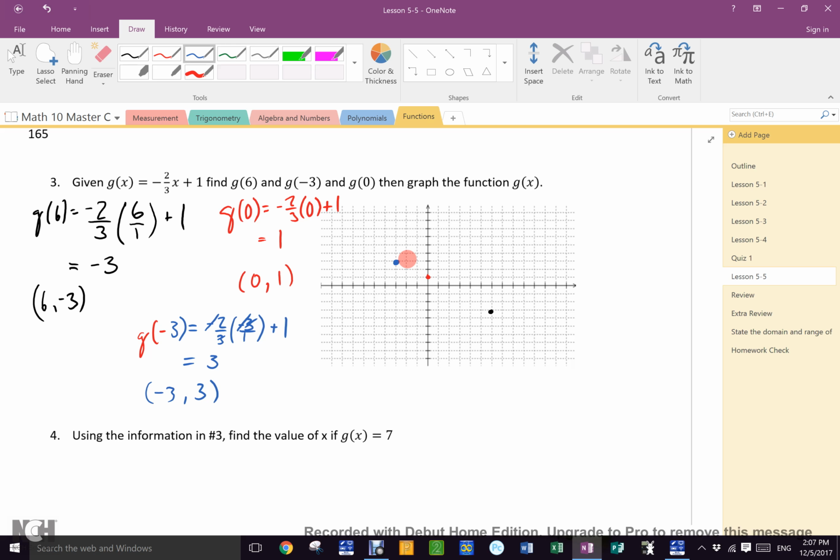Talk to your neighbor. I'm giving you 5 seconds. Tell me if I connect the line or not. 5, 4, 3, 2, 1, go. All I'm looking for is a yes or no here.